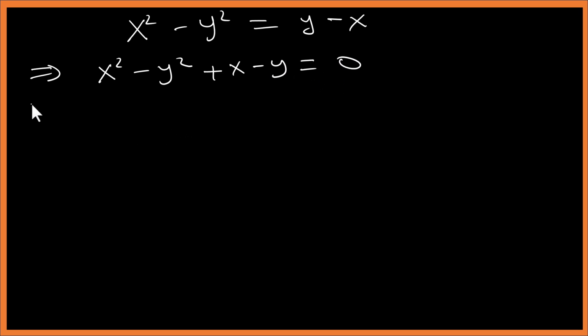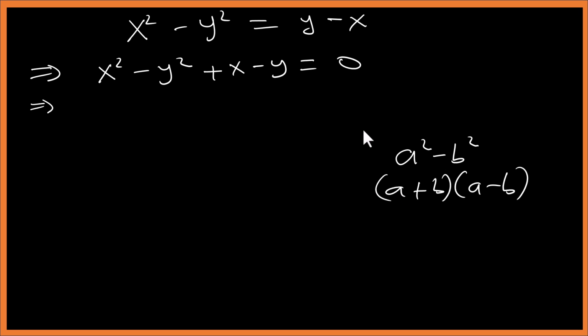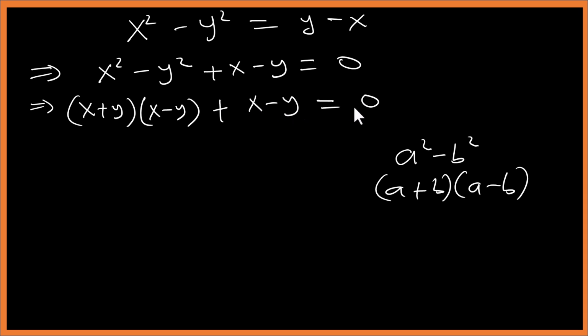Now remember that this one is a difference of two squares. So when we're given a squared minus b squared, it is the same as a plus b, a minus b. So we have x plus y, x minus y, plus x minus y equal to 0.